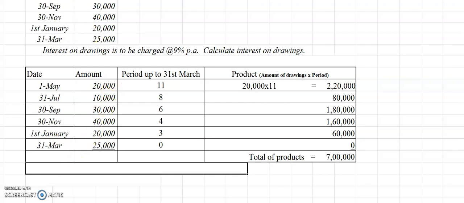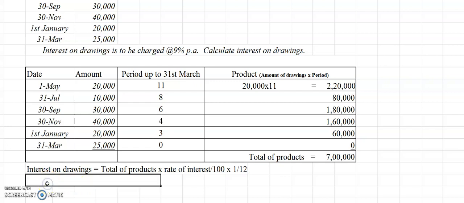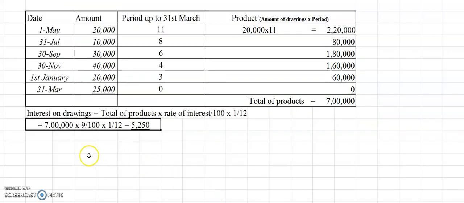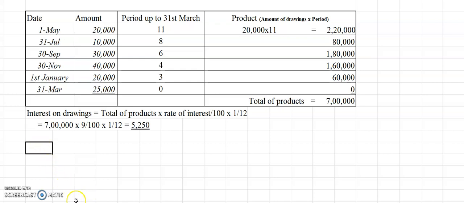So we can substitute in the equation: 7 lakh into 9 by 100 into 1 by 12. So the interest on drawings is 5,250.